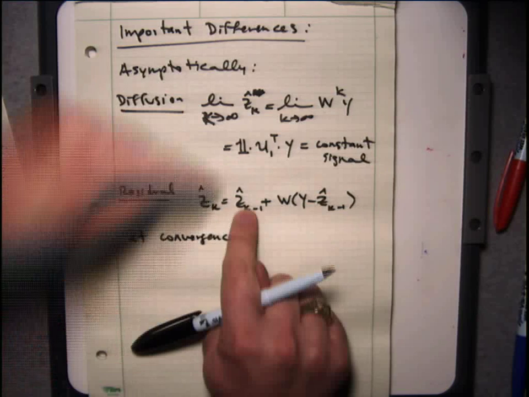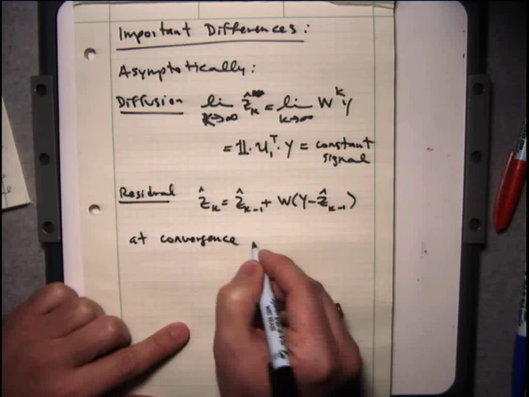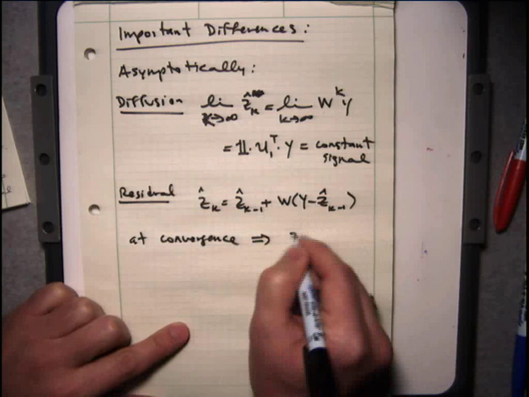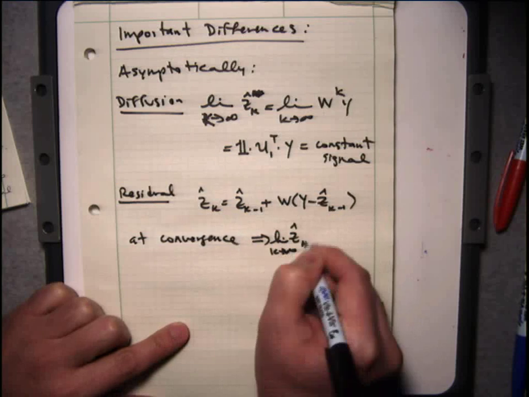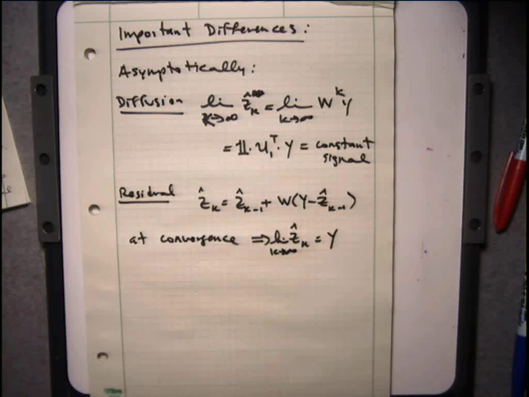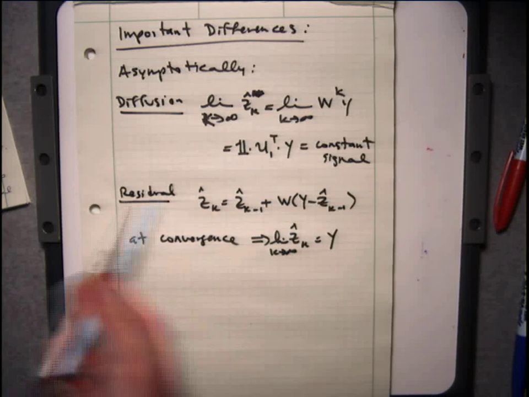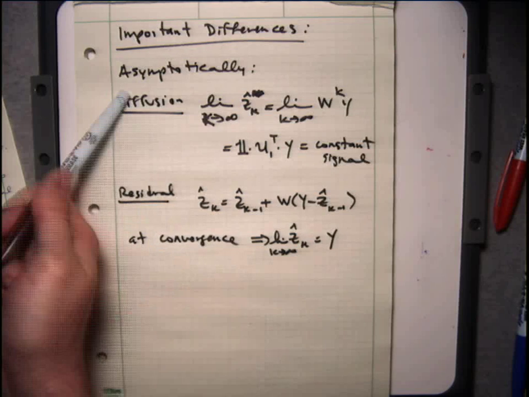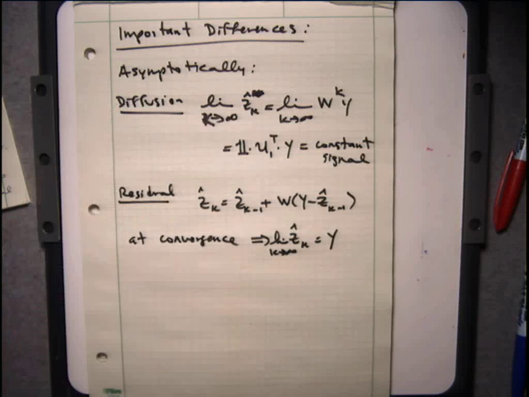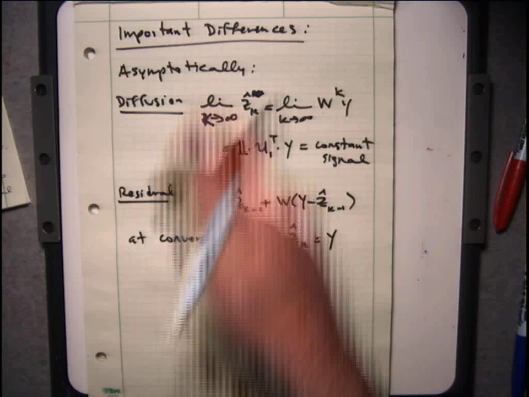So if you set these equal, the terms cancel, and at convergence, the limit as k goes to infinity of z hat k is y. In other words, if you continue to iterate this residual iteration, what you end up getting back is your original data with noise and everything. Whereas in the other case, if you continue to iterate, you would get a constant signal back. So the steady state behavior of these two filters is completely different.